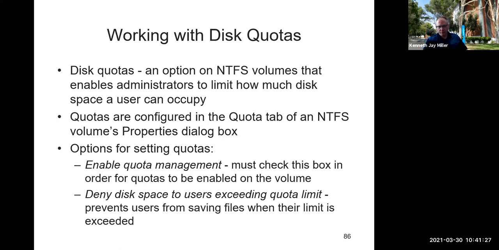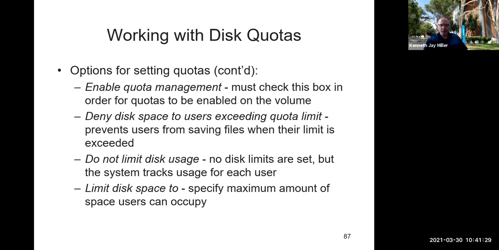So we can go into the NTFS volume and right-click properties and get to the quota tab, and we can enable the quota. And there's a couple of ways we can set this. There's a soft quota and a hard quota. A soft quota basically says, hey, you're only allowed 1 terabyte of space. You're now at 995 gigabytes.